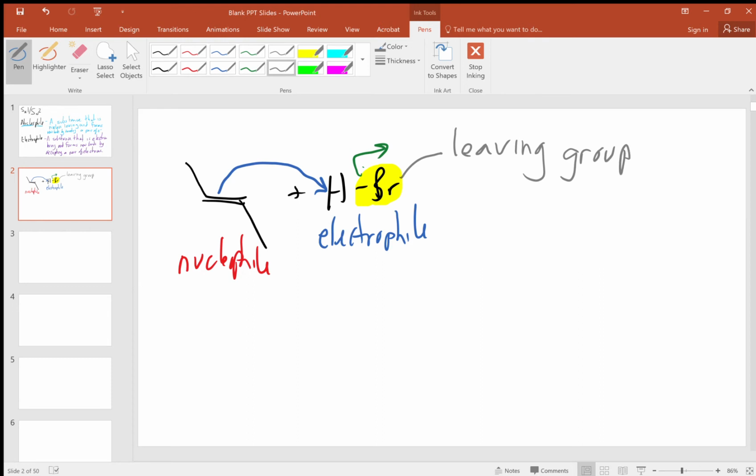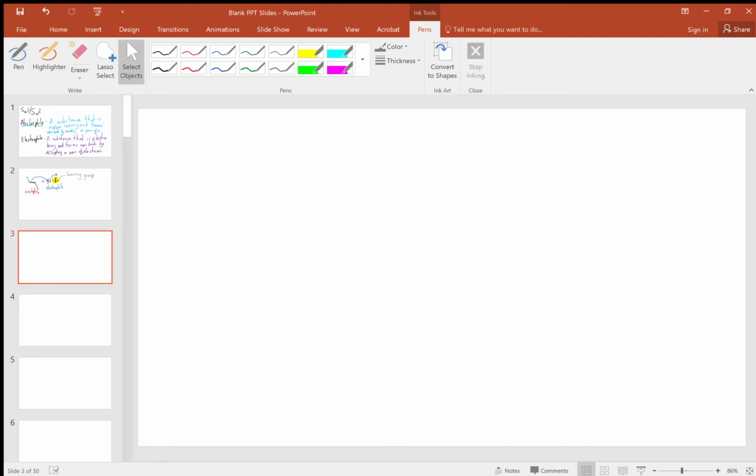And that term is hopefully fairly self-explanatory, because a leaving group is an atom or an ion or a group of atoms that leaves during a mechanistic step. All right, now the reaction we're going to start out by looking at here are these reactions known as nucleophilic substitution.